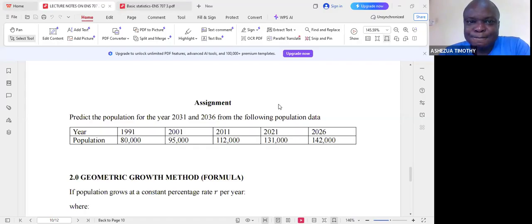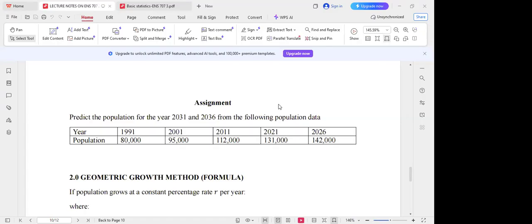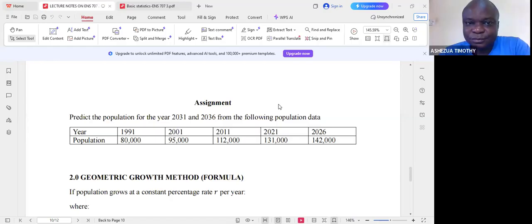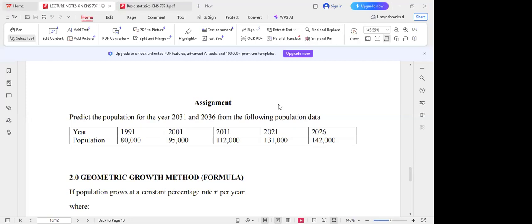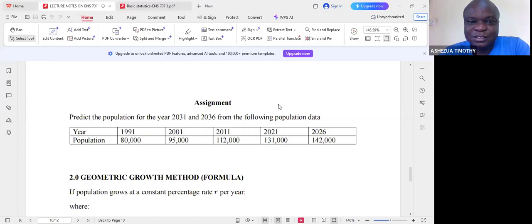Inusa, sir? What is your projected population for 2031? 151,125. 125, yes, sir. Francis, what is your projected population for 2031?